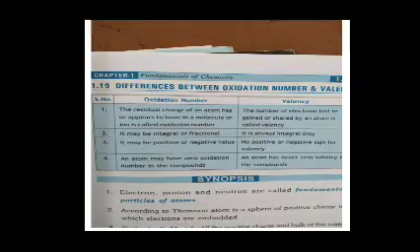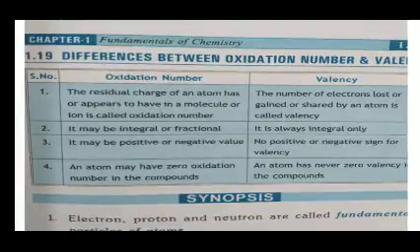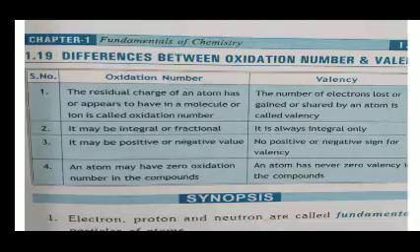Now, differences between oxidation number and valency. Oxidation number: the charge that would appear on an atom in a molecule is called oxidation number. Valency: the number of electrons lost, gained or shared by an atom is called valency. Oxidation number may be integral or fraction.